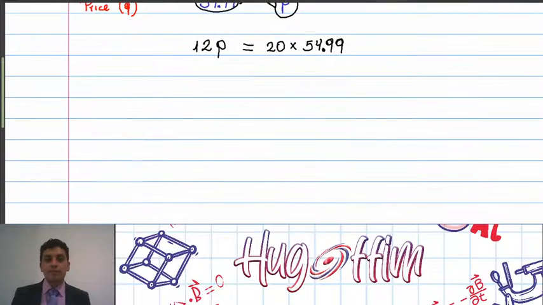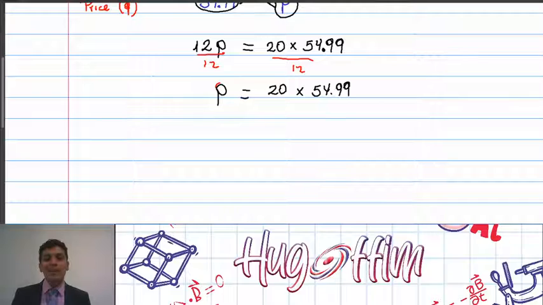Now I'm going to divide by 12. So I'm going to get P equals 20 times 54.99 over 12.